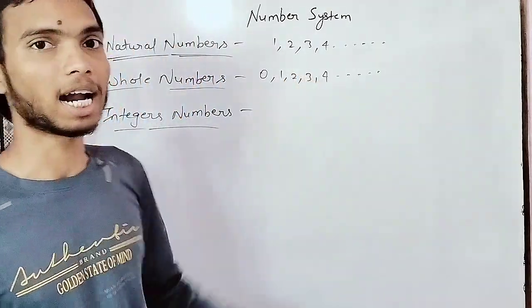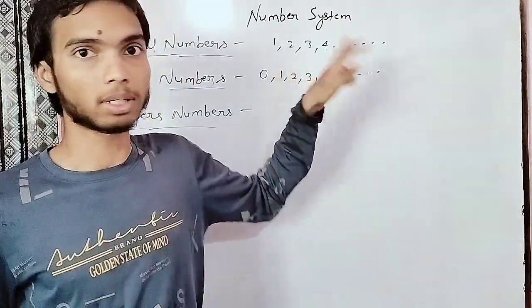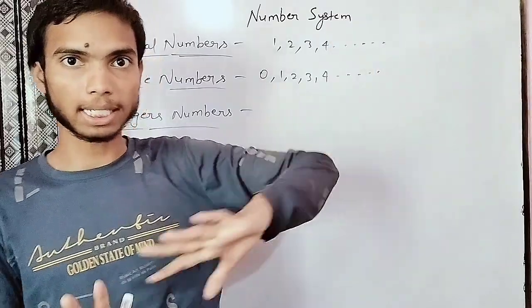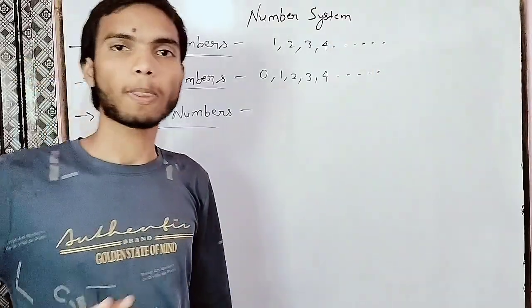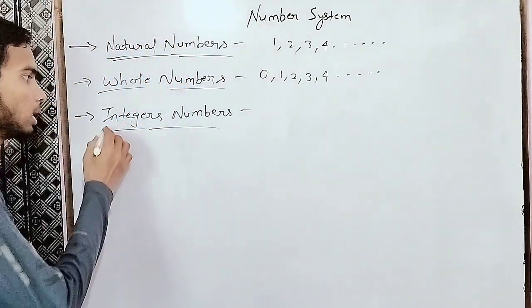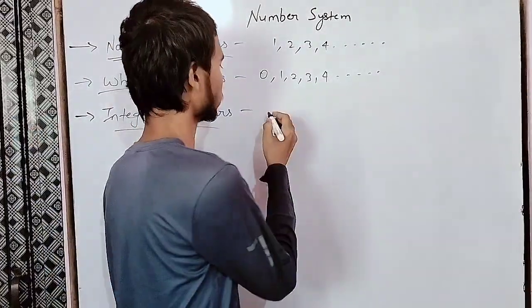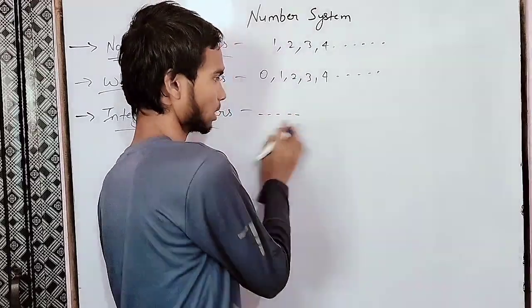First, positive natural numbers, and second, negative natural numbers, and it will have the whole number as well. Clear?